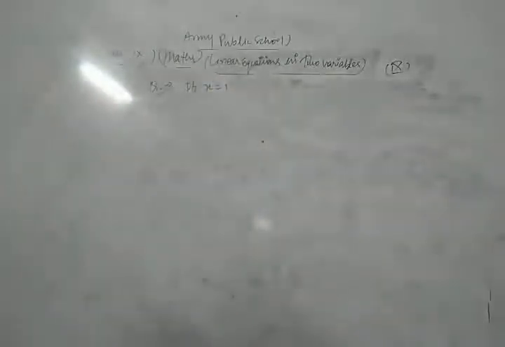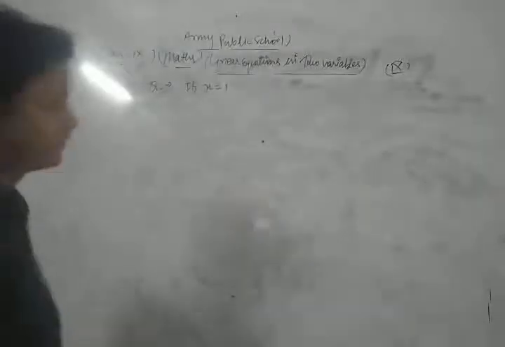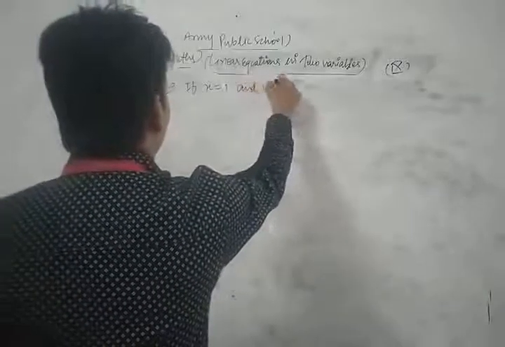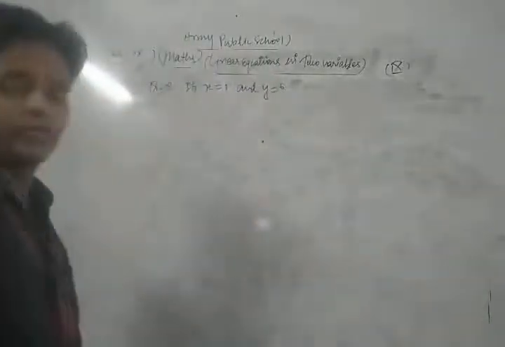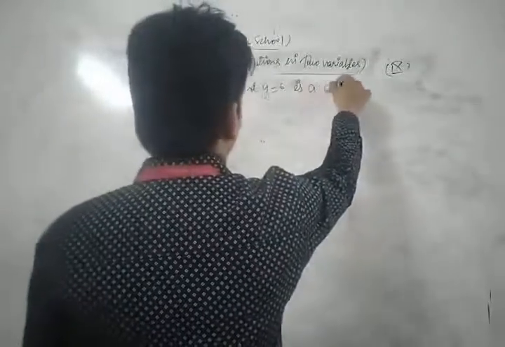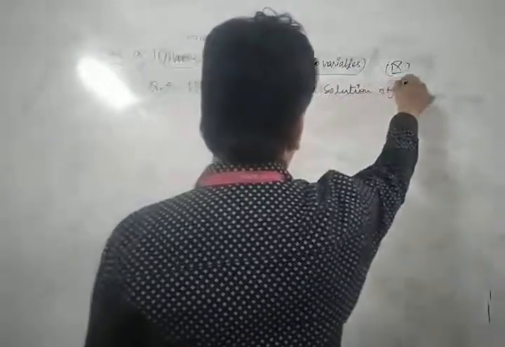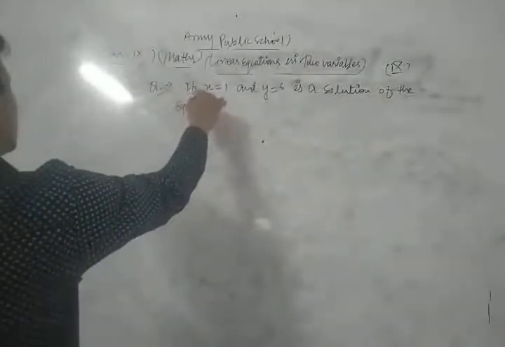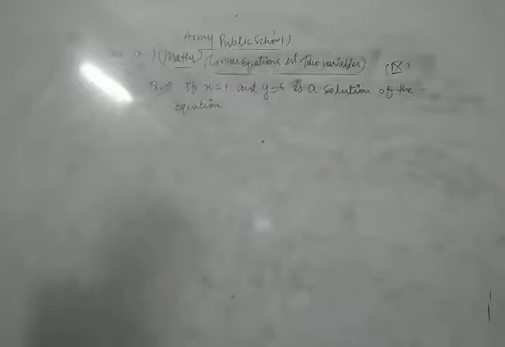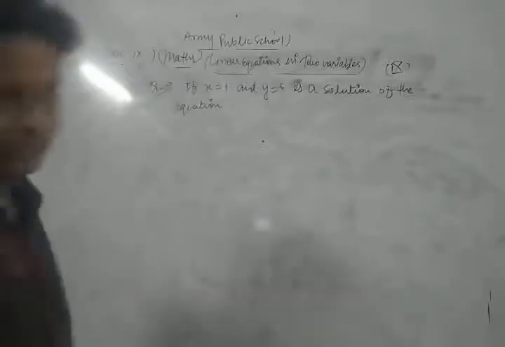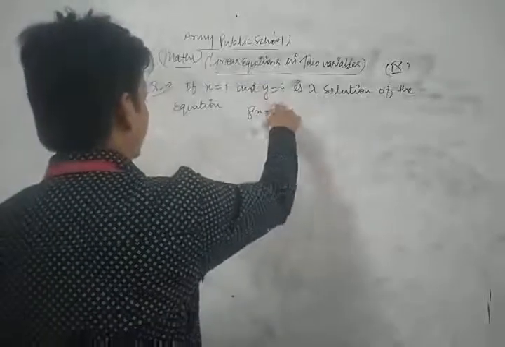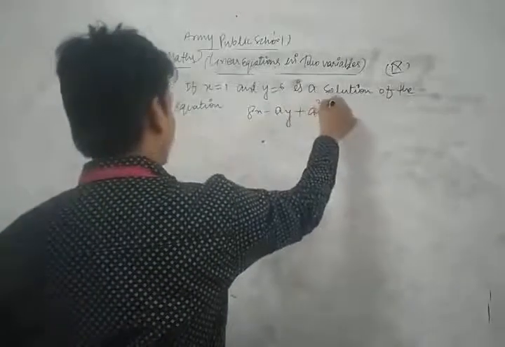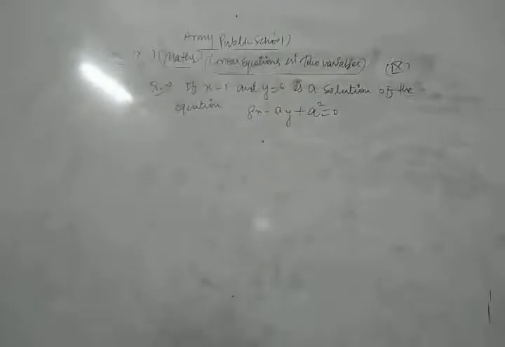If x is equal to 1 and y is equal to 6 is the solution of the equation 8x minus ay plus a square is equal to 0, find the values of a.